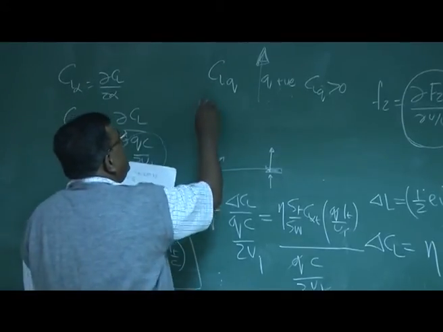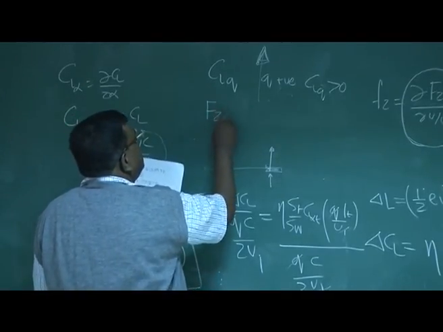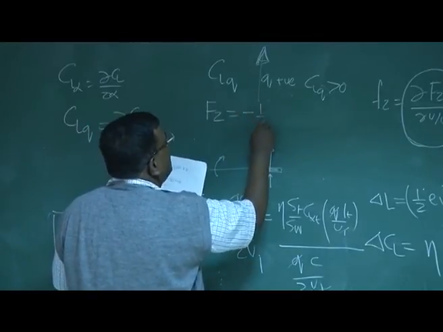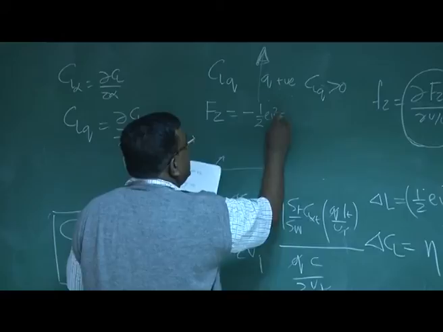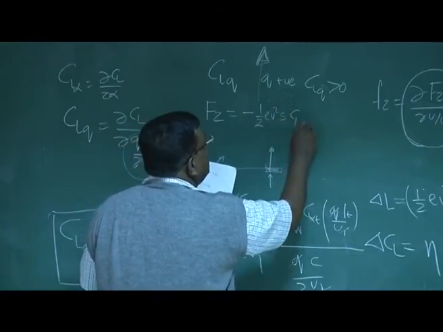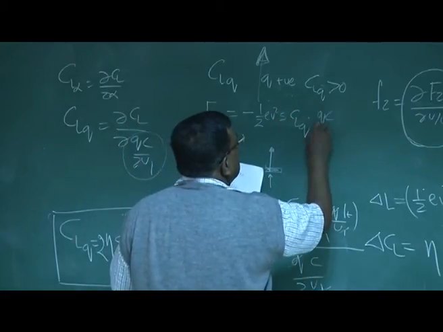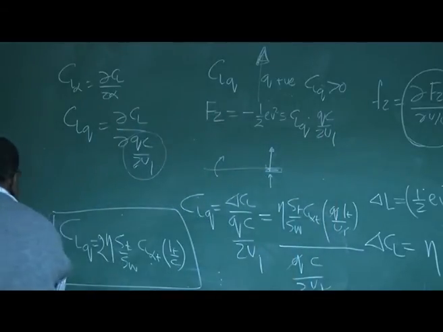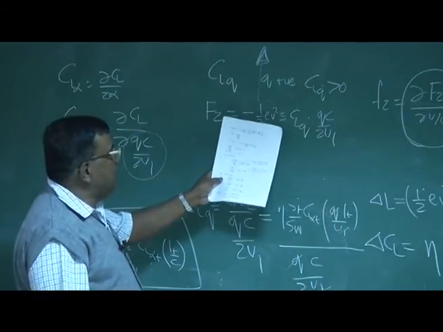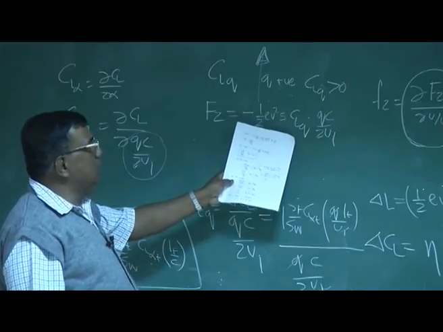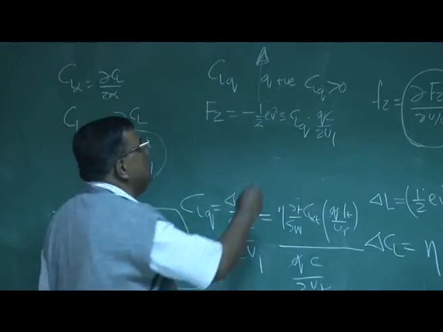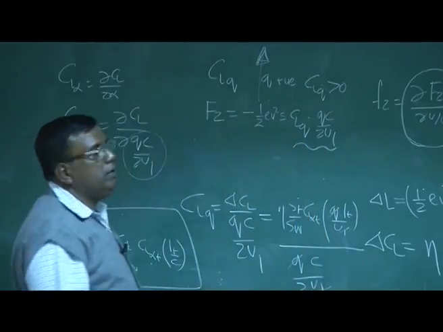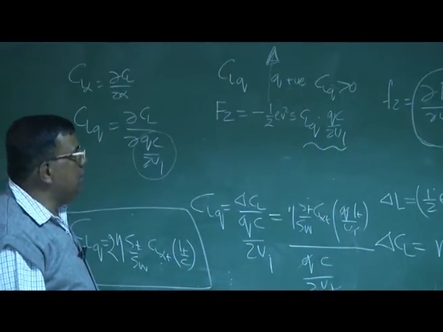So we will write Fz because of Q is minus half rho V square S into CLQ into QC by 2U1. Is it clear? Fz is half rho V square into CLQ into QC by 2U1, because this part complete is CL due to Q, that is dCL by dQ into QC by 2U1.